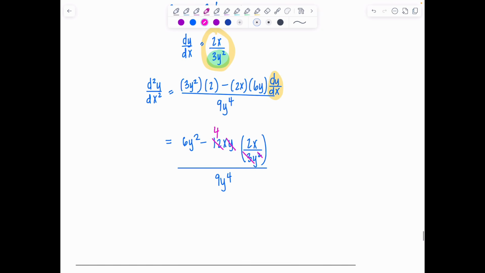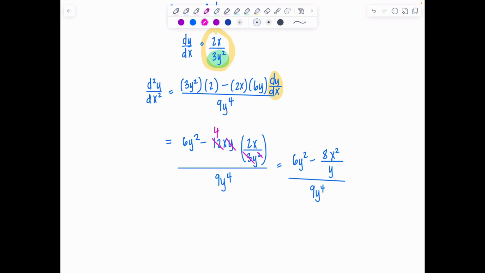So this is going to be 6y squared minus 8x squared over y, over 9y to the 4th. And then this is still a complex fraction. That's a no-no. Multiply through by y, right? And then we'll have 6y cubed minus 8x squared over 9y to the 5th.